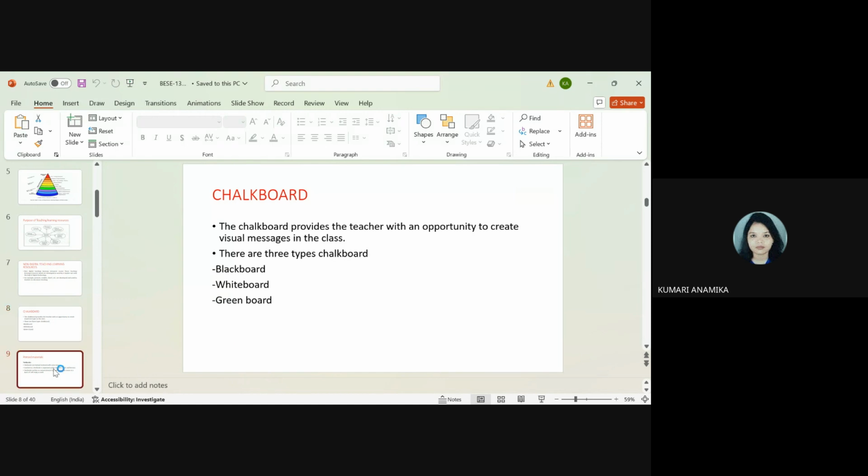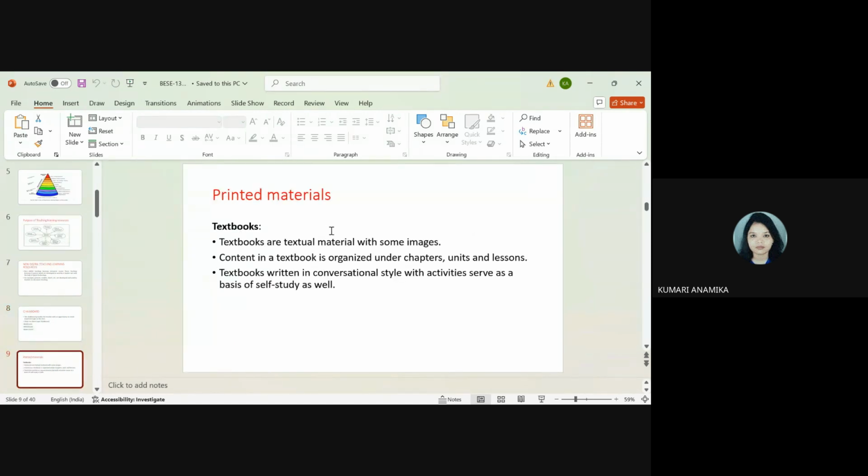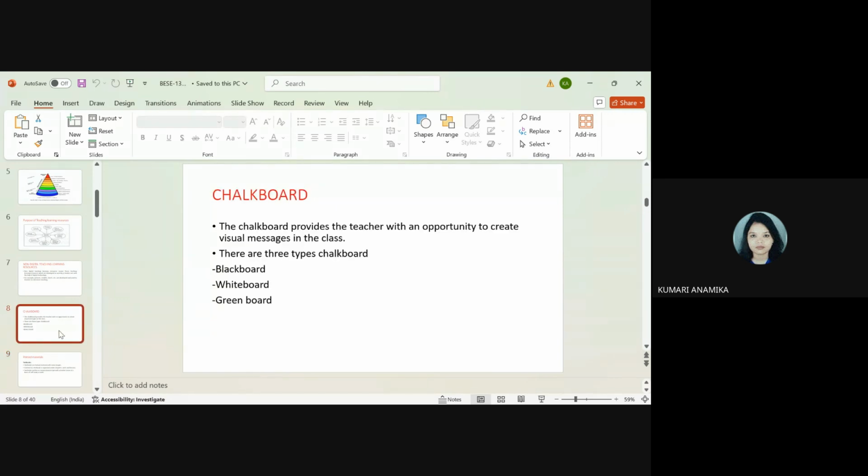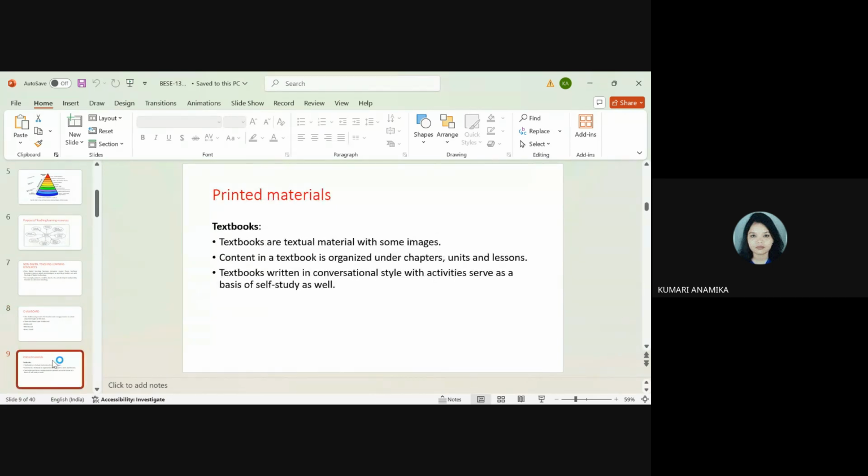Next we will see printed materials. After the chalkboard, we will see printed materials. In printed materials, the very first thing which comes is the textbook.